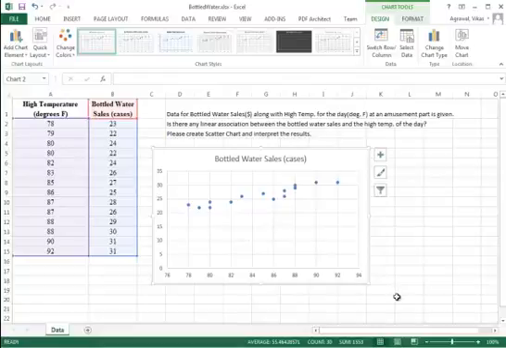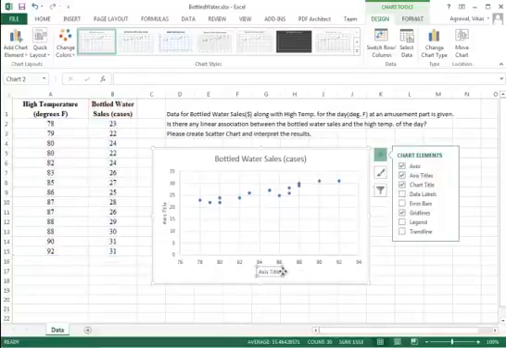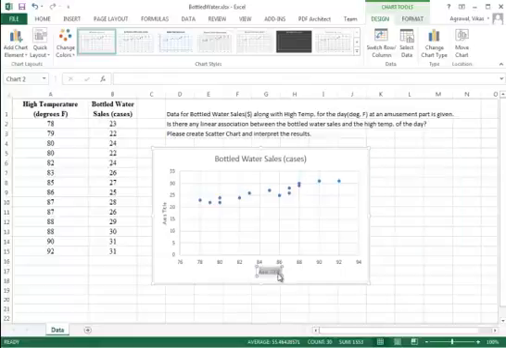So the strength of the relationship can be measured by using covariance and correlation. But before I go there, let's format this chart here. I would like to put some axis titles here. I would say this is the high temperature of the day in degrees Fahrenheit.